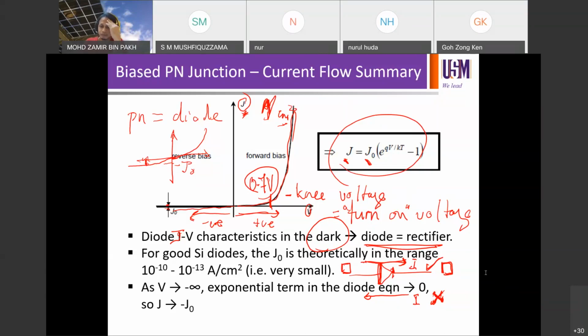What else? If you look at the diode properties, the PN junction properties, if you put your positive voltage on the left and negative voltage on the right, are you forward biasing or reverse biasing? Look at the box that I drew. Positive on the left, negative on the right.